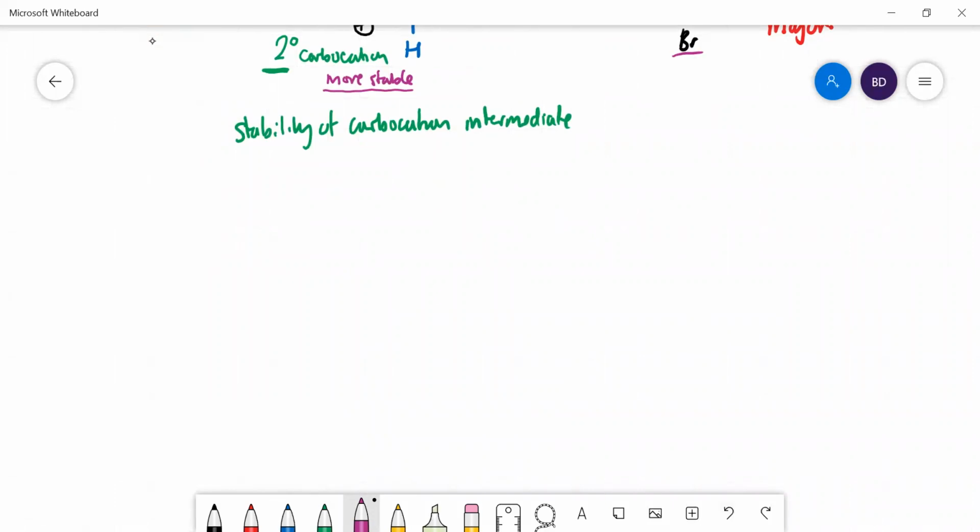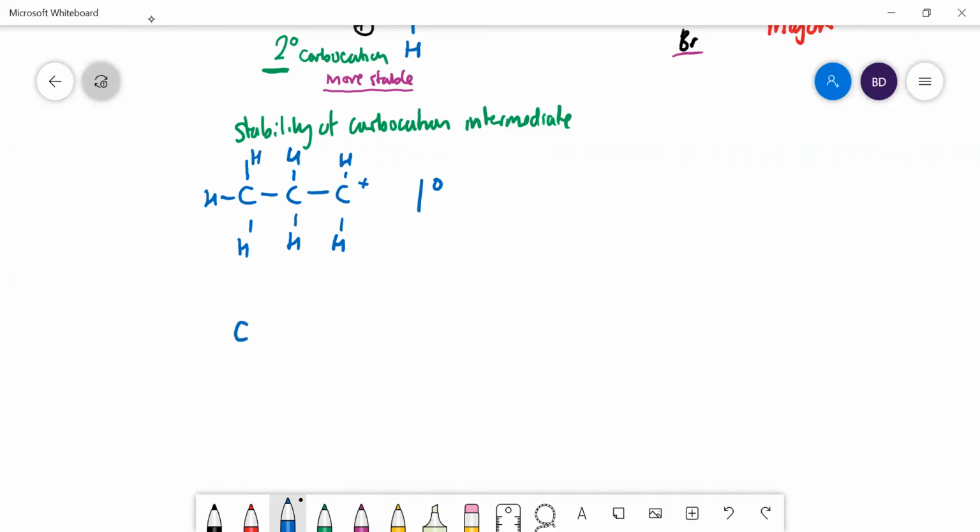Okay, so I'll draw a primary carbocation here. That would be a primary carbocation. Let's draw a secondary carbocation. So we'll do 3 carbons there and the positive charge in the middle one, attached to 2 other carbons. That would have just 1 hydrogen there. The carbon is only forming 3 bonds. That would be a secondary carbocation.